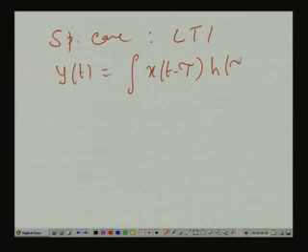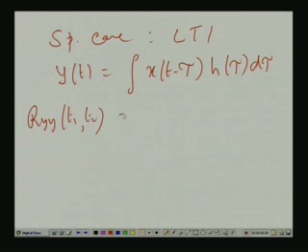Here, so R y y T1 T2 will be what? E. Now I am doing fast. Or means E y T1 into y T2.